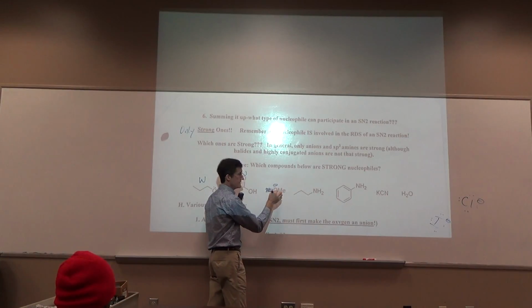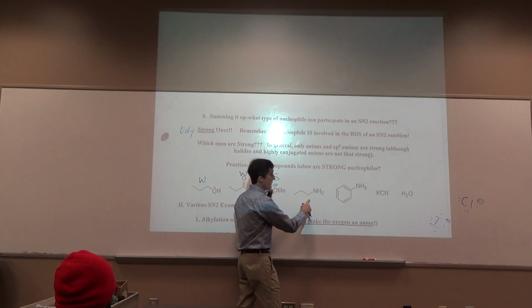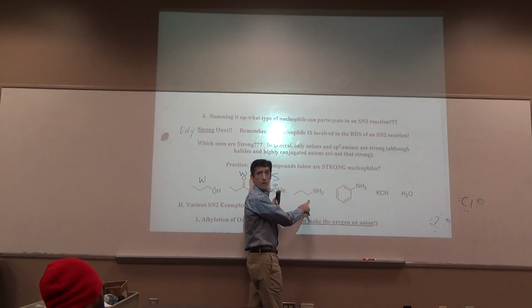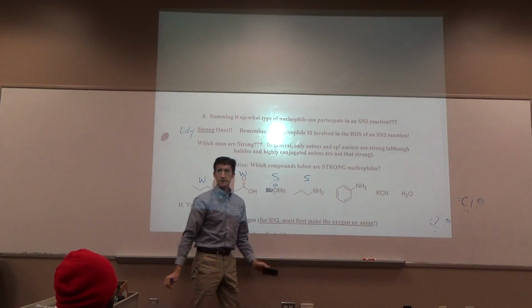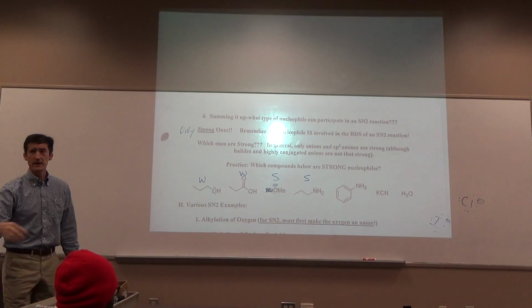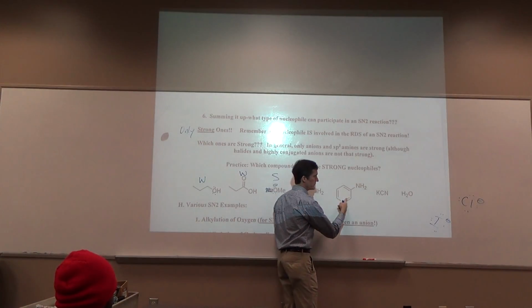Is it an anion? Yes. Weak or strong? Strong. And this one, weak or strong? Why? It's not an anion. It's an sp3 nitrogen. That nitrogen is a terrible parent; it just lets lone pairs get out there and do backside attack. Weak or strong?